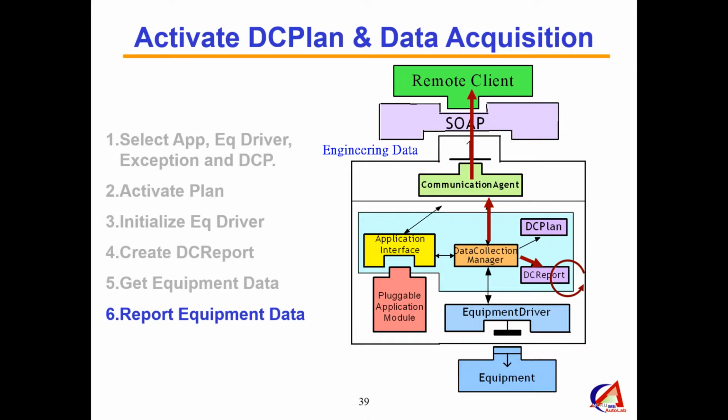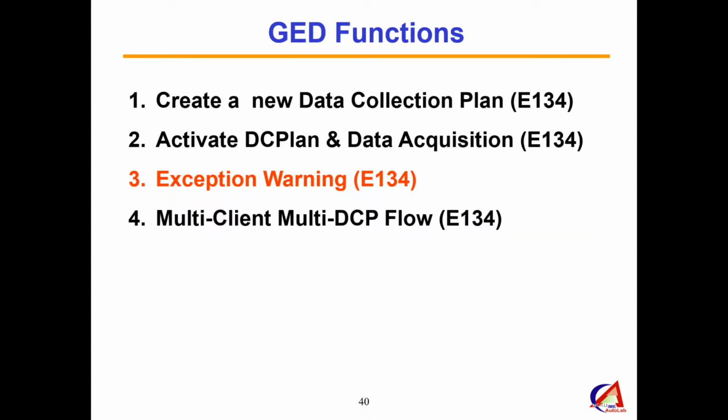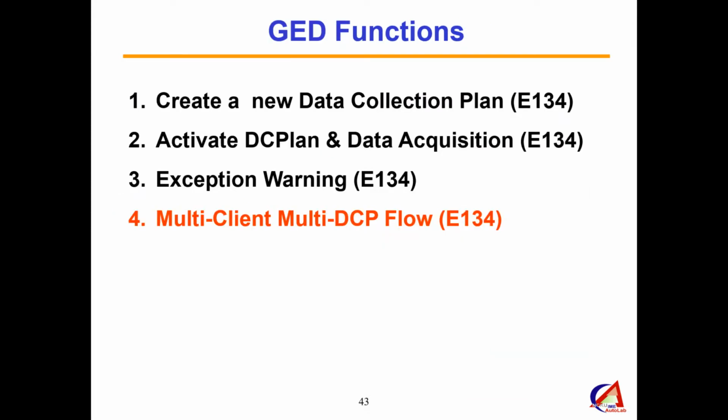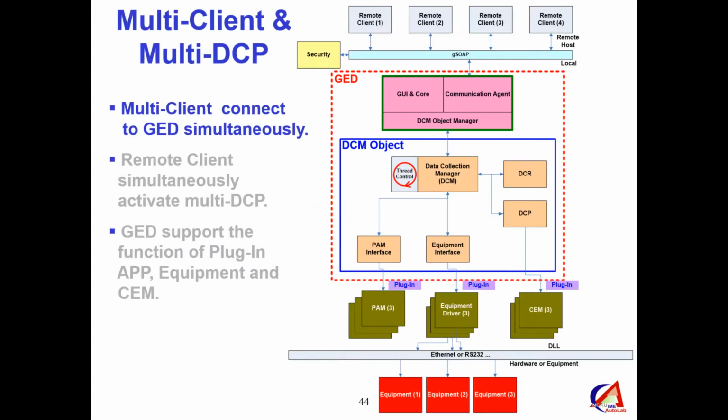Okay, so then exception warning. If you have an exception, then this will be sent through the data collection report back to the client. And the multi-client, multi-TCP flow. So actually, GED does not necessarily have just one client.